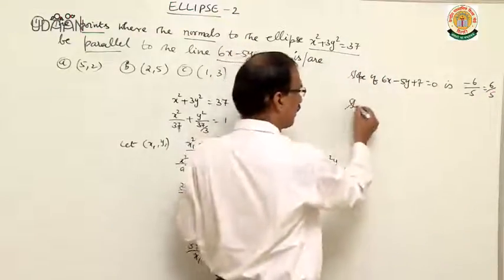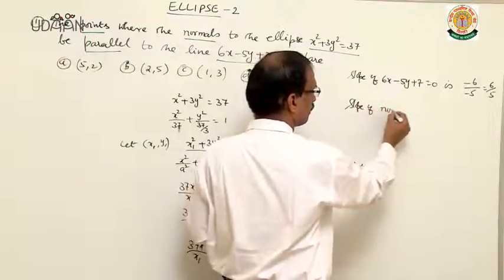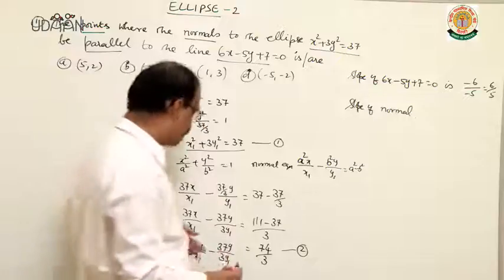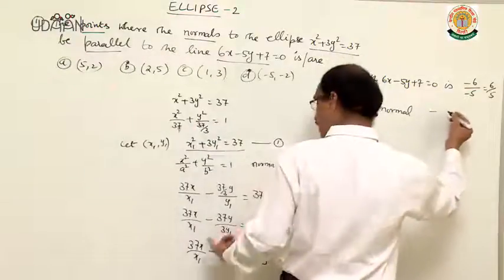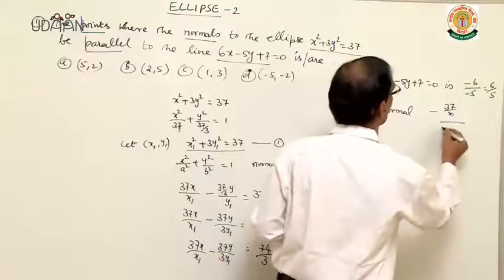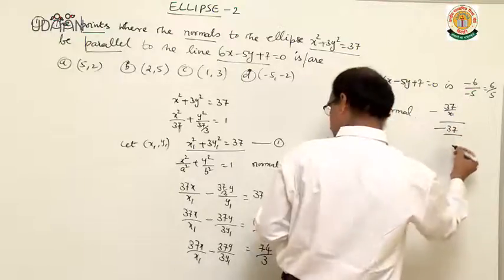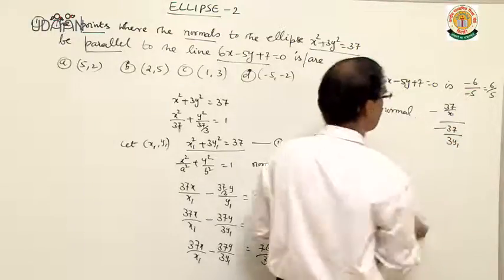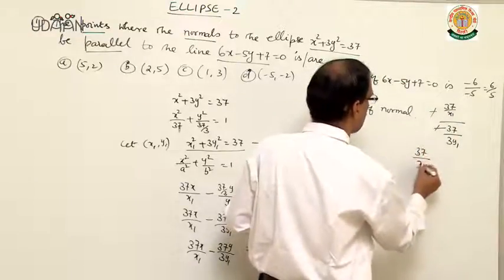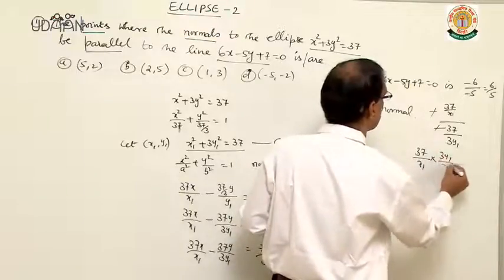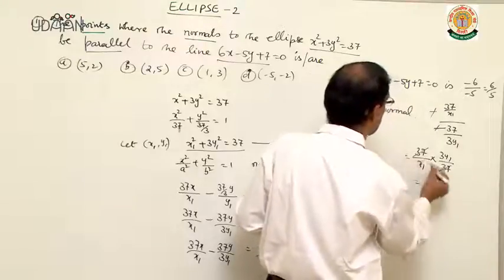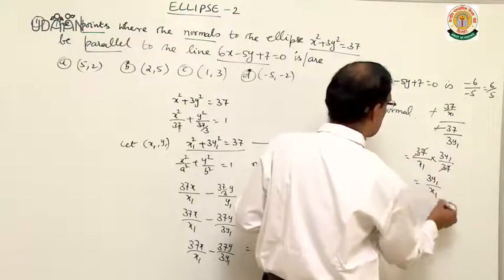Then the slope of the normal is minus the coefficient of x, that is 37 by x1, upon minus the coefficient of y, that is minus 37 by 3y1. If you simplify this, the minus signs cancel, so 37 by x1 into 3y1 by 37. This gets cancelled, so we get the slope of the normal as 3y1 by x1.